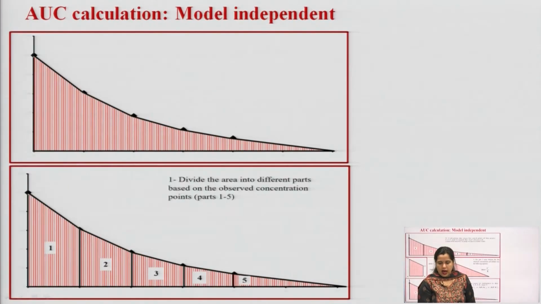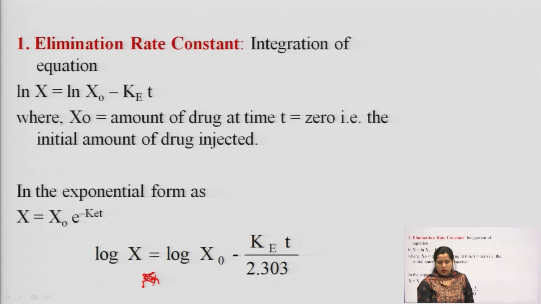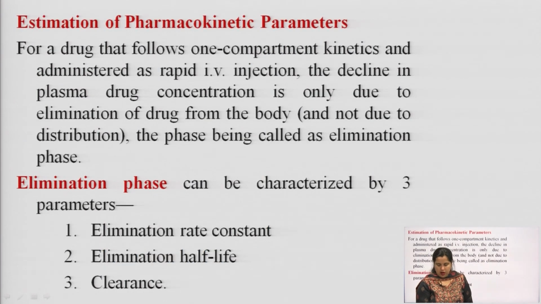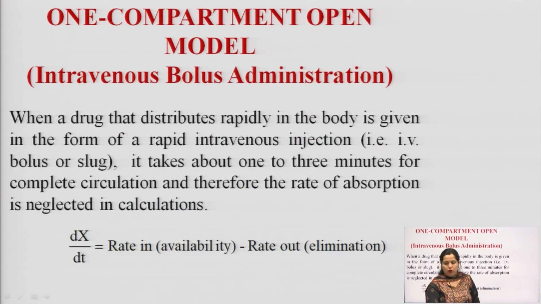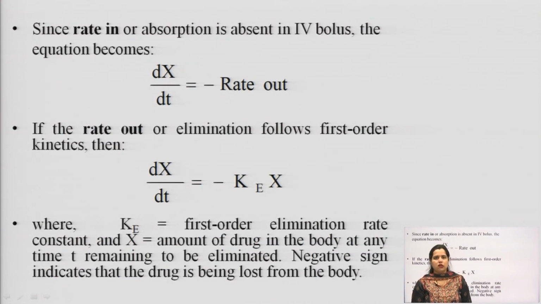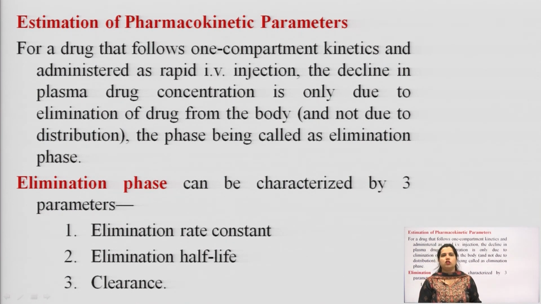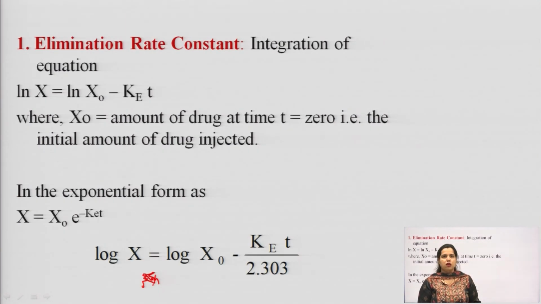So, once again I will highlight what are the things we have discussed. IV bolus one compartment open model: in this we have identified that basically no absorption is there. So, only the elimination phase will be given consideration, and for that, elimination rate constant, elimination half life and clearance will be considered to calculate the drug profile within the body.